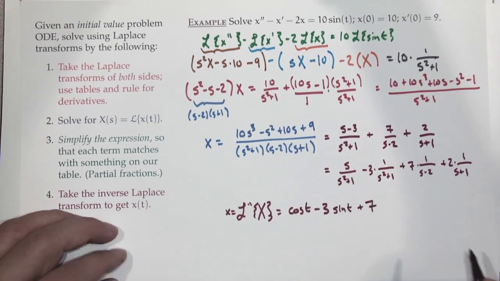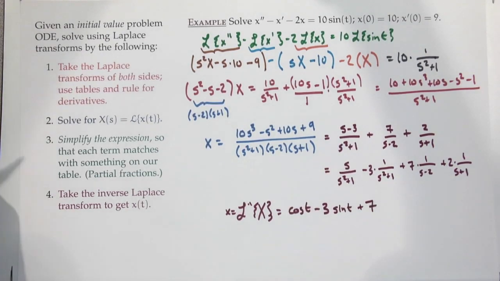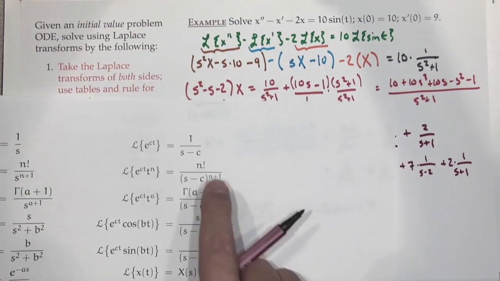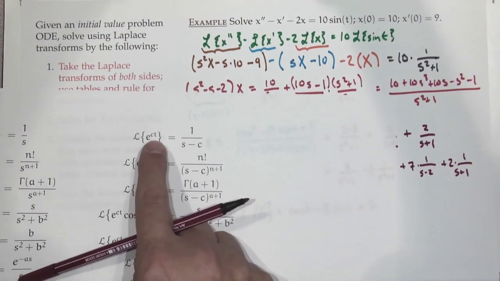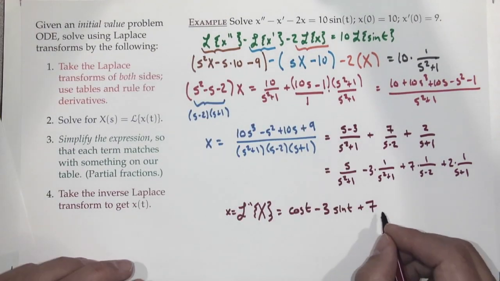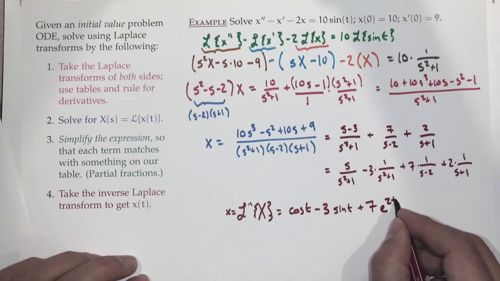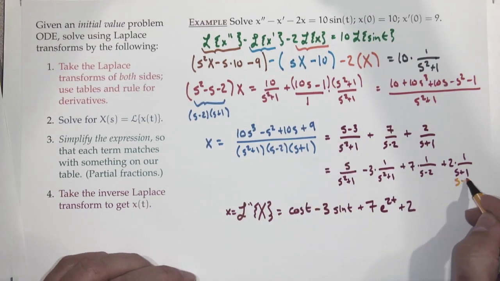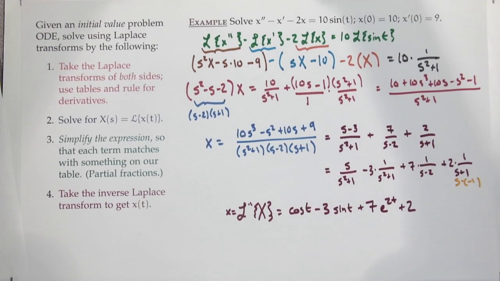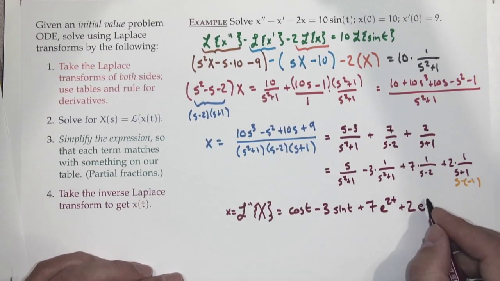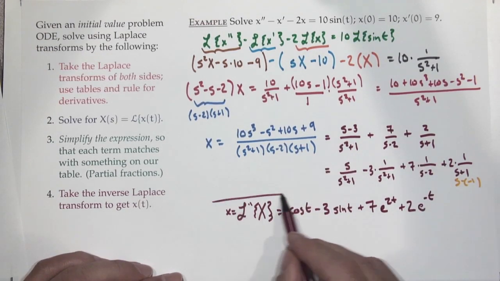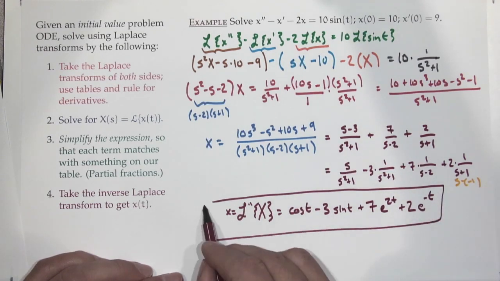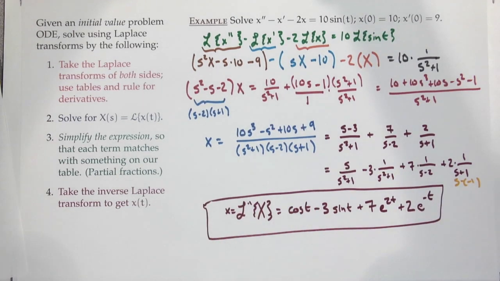Plus 7, inverse Laplace of 1 over s minus 2. E to the 2t. Plus 2, inverse Laplace of 1 over s plus 1. Well, yeah, this is s minus minus 1. So it's 2 e to negative t. And we're done.